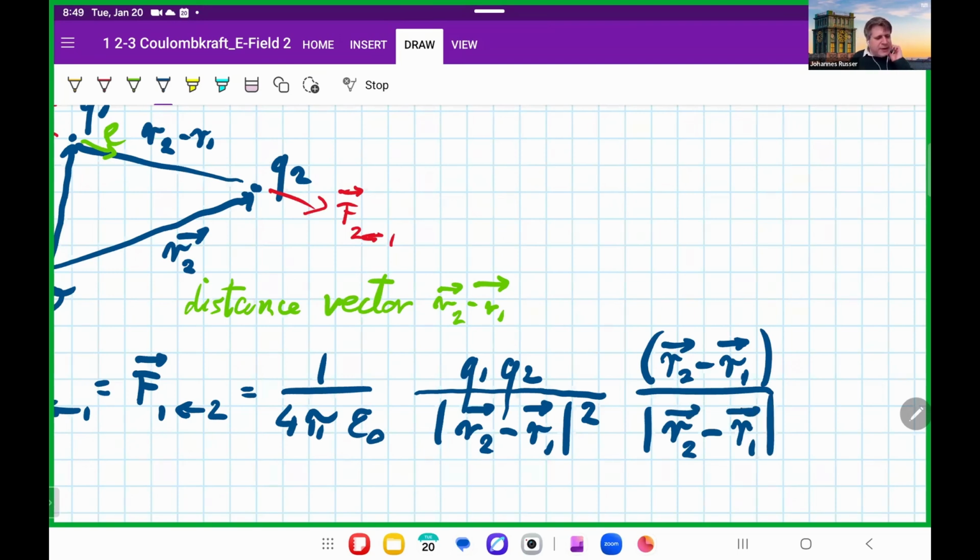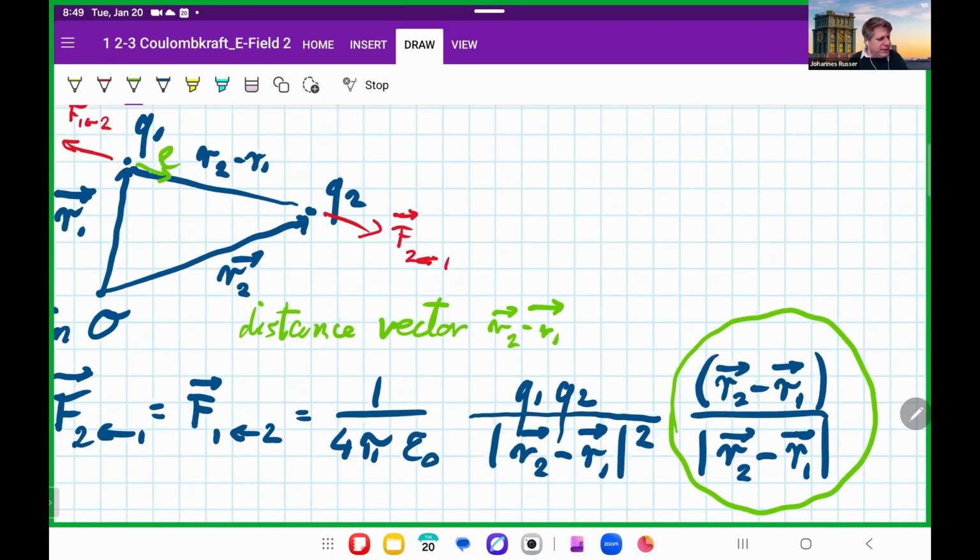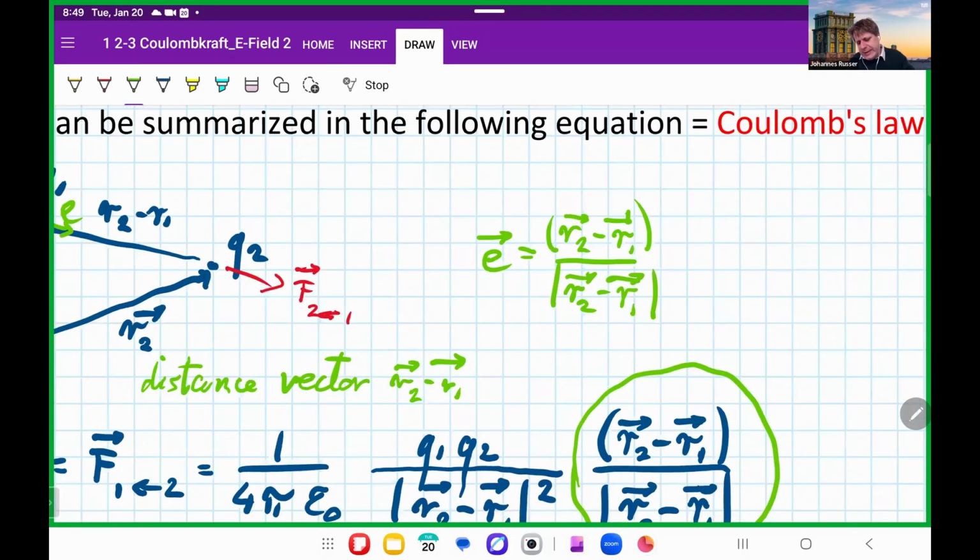And this expression here is that E that I have plotted here. So E is given by R2 minus R1 divided by the magnitude of this distance vector. And if you look at it, yes, the magnitude of this vector E is 1.